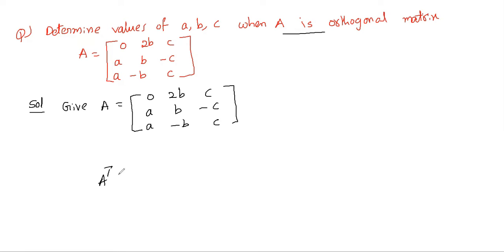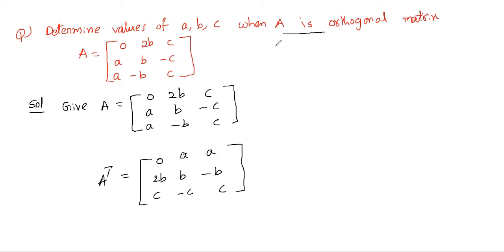A transpose is equal to: write the first row as the first column 0, 2b, c, the second row as the second column a, b, -c, the third row as the third column a, -b, c. You got A and A transpose.